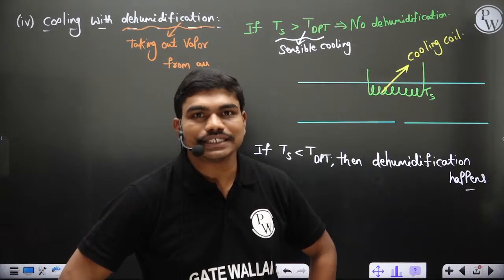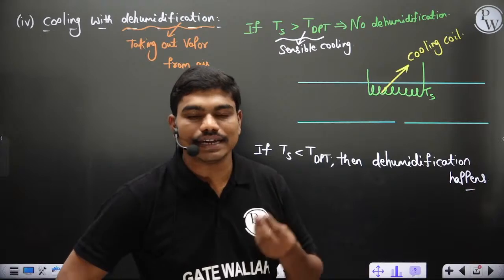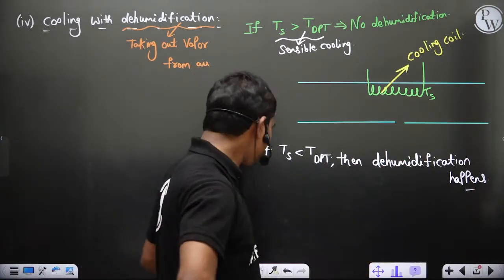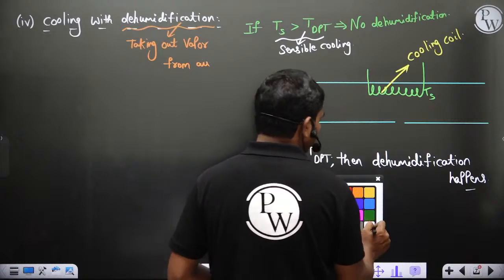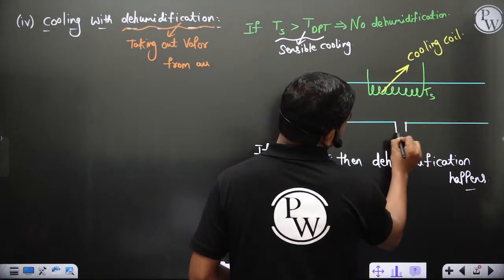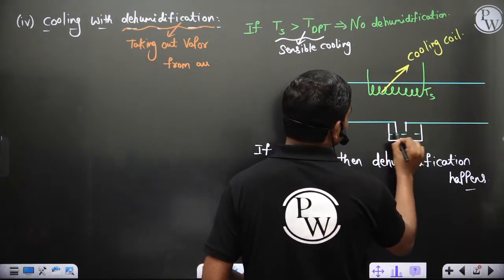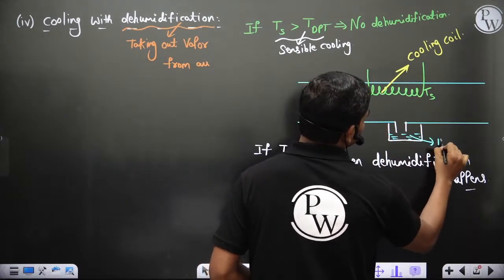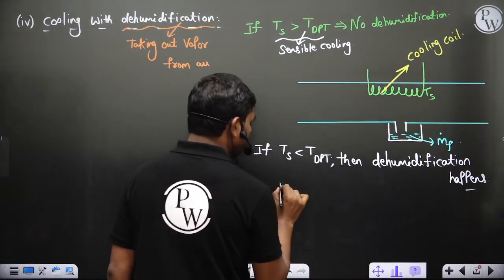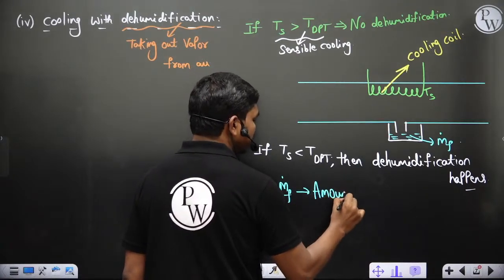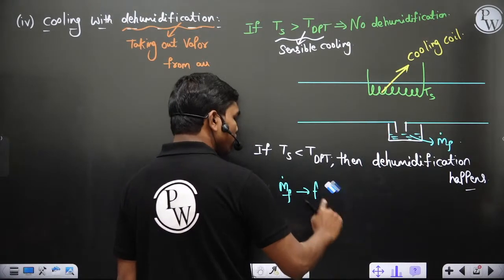If Ts is much less than this T_dpt, then definitely the vapor present gets condensed and you can collect some amount of water. So how can you collect it? That's the final state. Let's say I connect a container here to collect water. This is m dot f, the amount of water getting condensed per unit time, or rather the rate of water getting condensed.